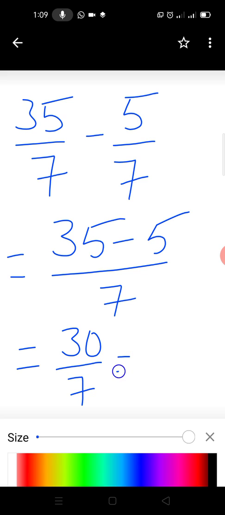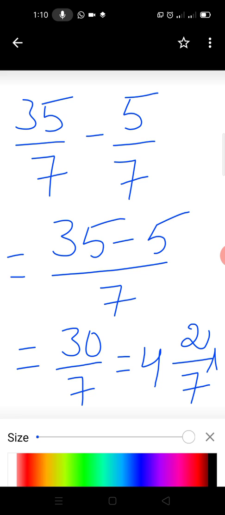Otherwise simply we can convert it into a mixed fraction. 7 fours are 28. 30 minus 28, 2 is the remainder. Then by 7. 4 and 2 by 7 liters of oil is left. This is the solution for the fourth question.